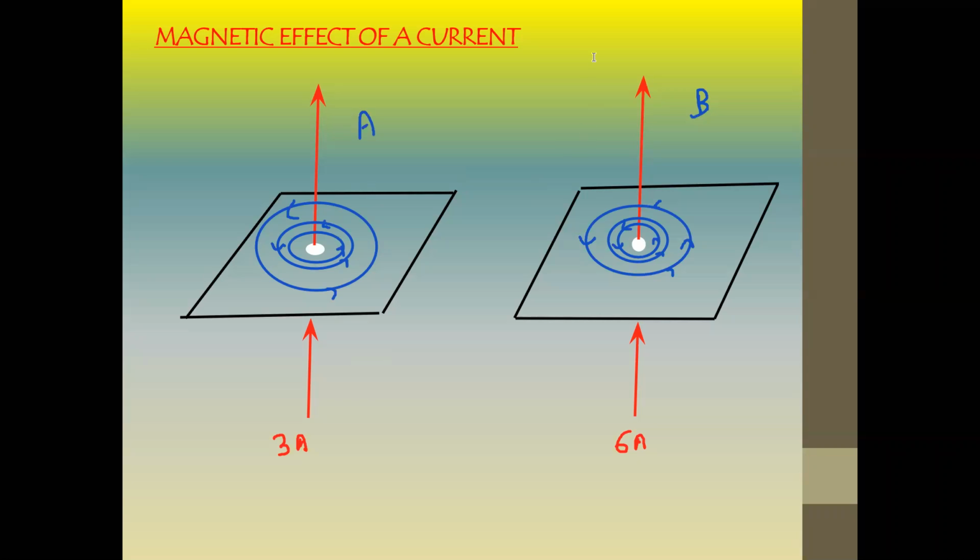So the magnitude or the strength of a magnetic field depends on how much current we are passing, and the direction of the magnetic field produced depends on the direction of the current. So here the similarity is that they both have the same magnetic field direction, and the difference is the strength of the magnetic field. This one will produce a stronger magnetic field, and this will produce a weaker magnetic field.